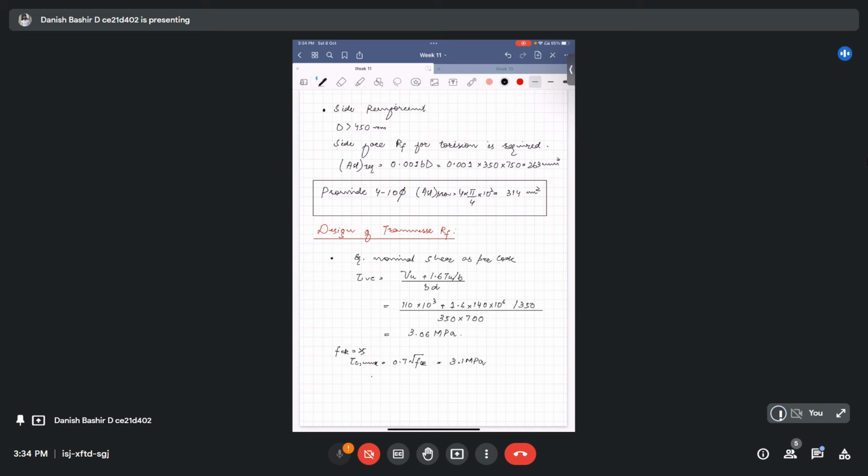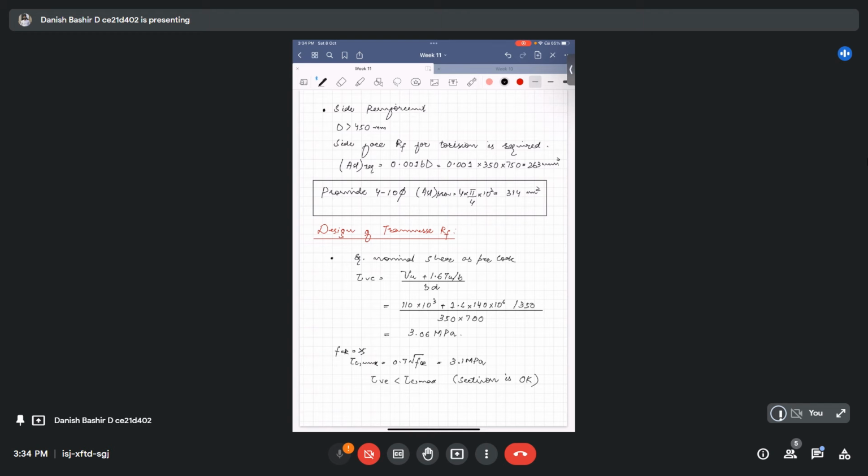Since tau V equivalent is less than tau C max, the section is okay. What if tau V was greater than tau C max? In that case, you have to redesign the section, already given as 350 by 700.